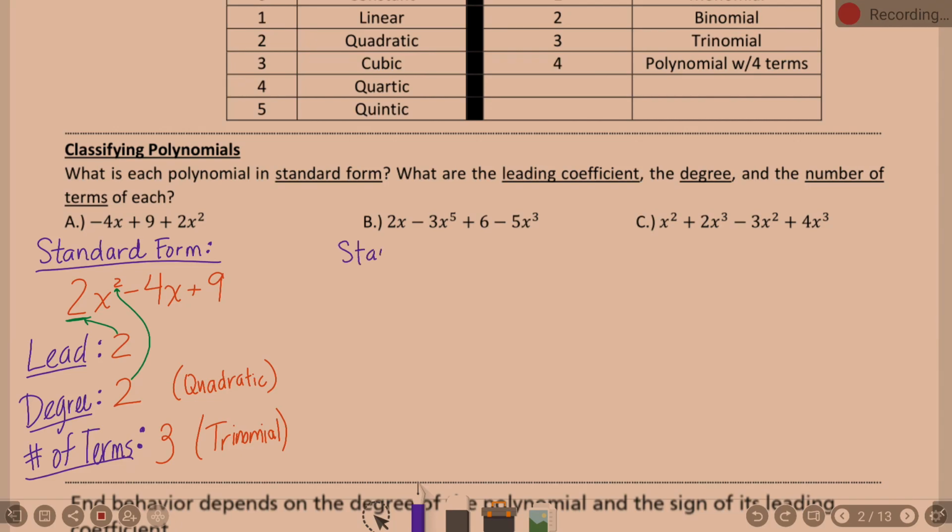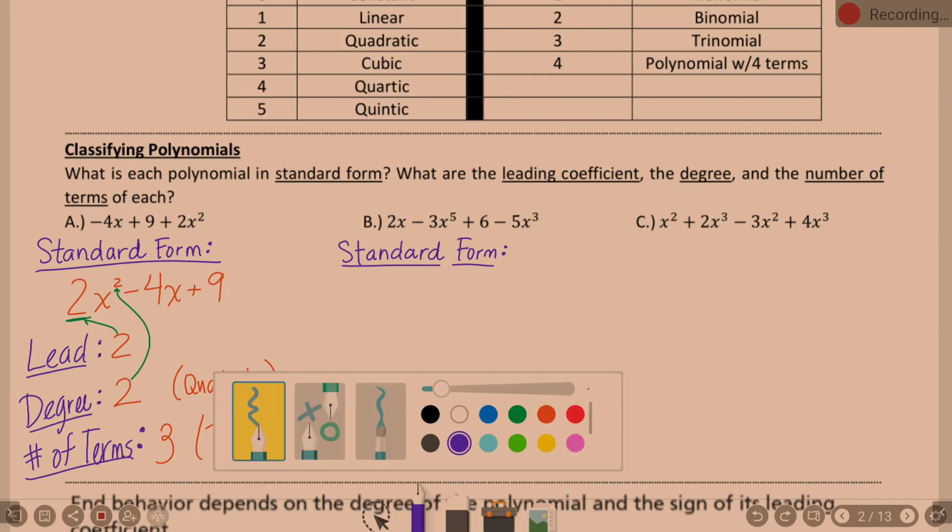B. I want to start off again by talking about standard form. Thoughts on standard form? Okay, starting with the highest power of 5, right?